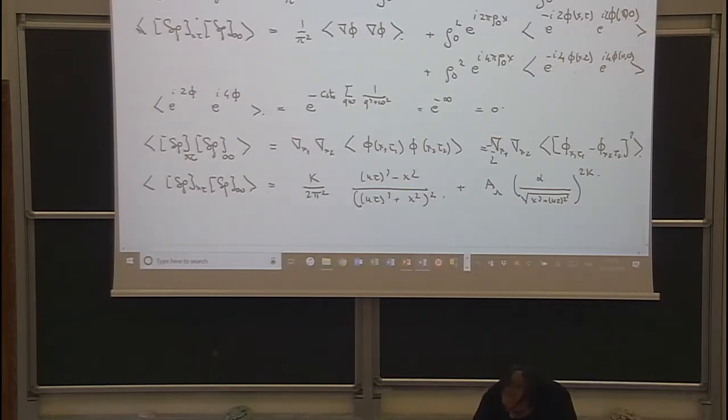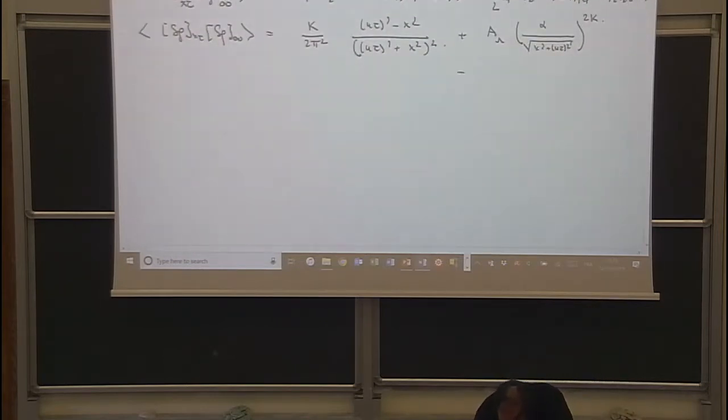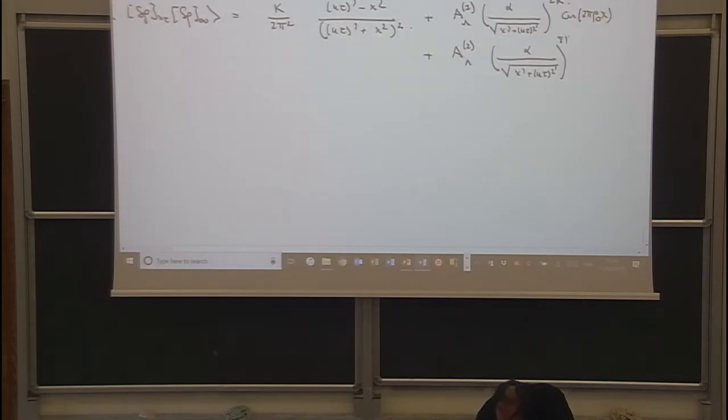So I would get plus, so this is a lambda 1, a lambda 2 times alpha divided by square root of x squared plus u tau squared, cosine of 2 pi rho 0 x, to the power, I think it's 8k. I get cosine of 4 pi rho 0 x, and you can continue the series if you want.